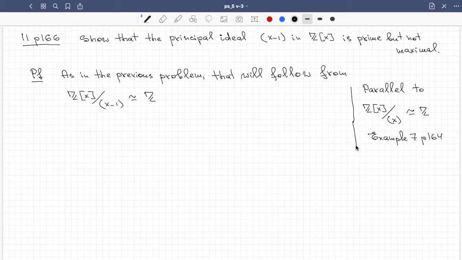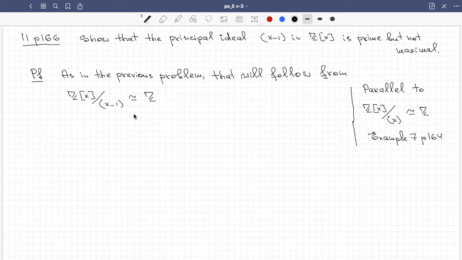So the difference between this principal ideal and that principal ideal is really slim. Still, we're going to prove this isomorphism. After that, everything is clear.